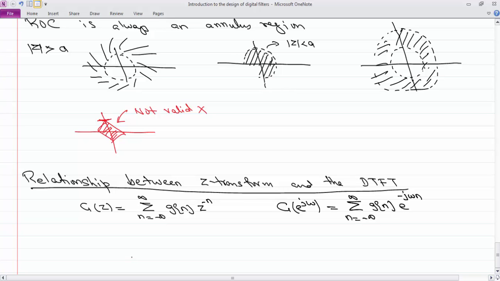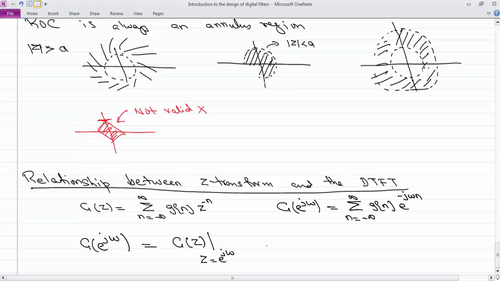What do we see here? That the Fourier transform G of e to the j omega is nothing but the Z transform evaluated at e to the j omega.